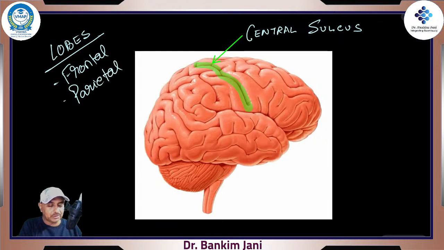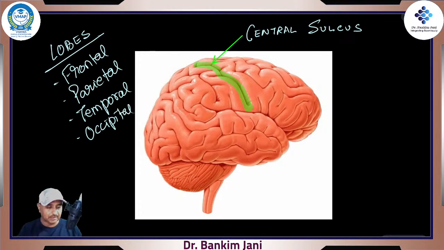Why stress with adding more names? Then over here, that's the temporal bone, so there would be a temporal lobe. Then there is occipital, which is at the back. So these are the 4 important lobes which we are watching.